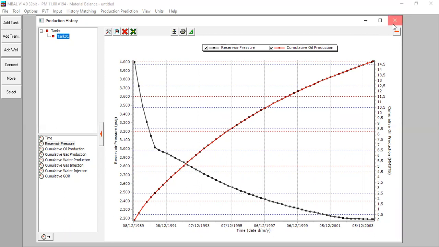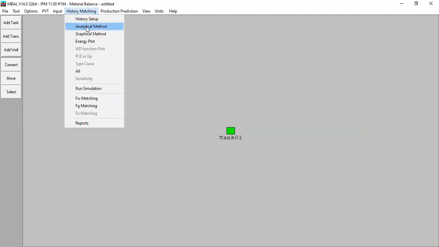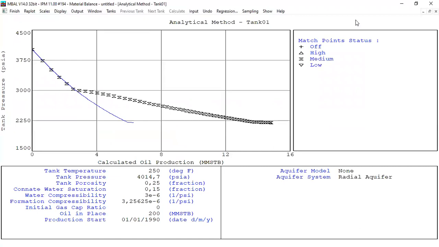Okay, so we close, validate, everything okay, click done. Again, we don't have aquifer. And then as usual, we will perform history matching, analytical method. You can see here, the blue line is the result from the model, and these dots are the actual data. And you can see it doesn't match.